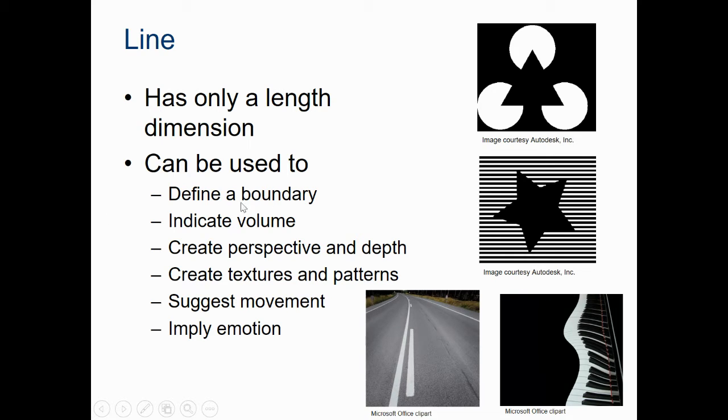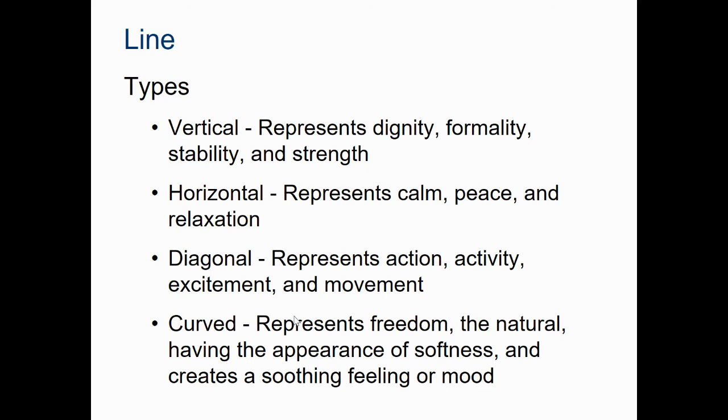Lines can be used to define a boundary for a shape, indicate a volume, as we've done with three-dimensional drawings, create perspective and depth, and create textures. And these last ones are the ones to think about. Lines can be used to either suggest movement or imply a motion. That's when you get into these different types of lines, either vertical, horizontal, diagonal, or curved, representing different emotions or feelings that they're supposed to bring out in you.